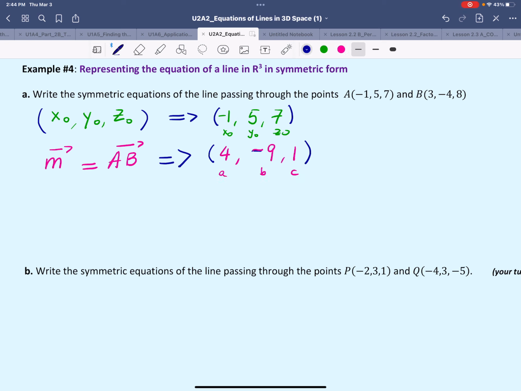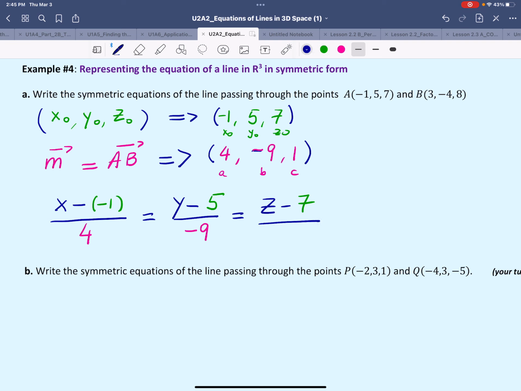Let's build the equation. So we have x minus x0, so x minus -1, divided by a. Remember that a would be the x-coordinate of the direction vector, equals y minus 5, that's the y0, divided by the y-coordinate of the direction vector, which is -9, and then equals z minus 7 divided by 1.